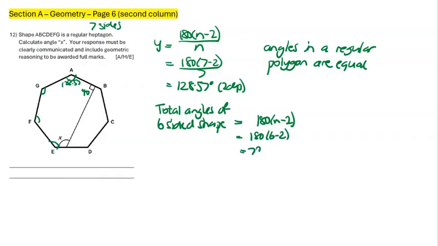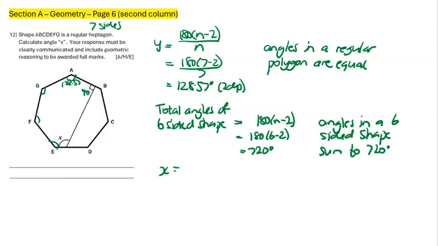And when I do that on the calculator, I get 720 degrees. So that tells us, or my reasoning to support this particular part, is angles in a 6-sided shape sum to 720 degrees. And now that I've got that, I can now calculate the actual angle x.